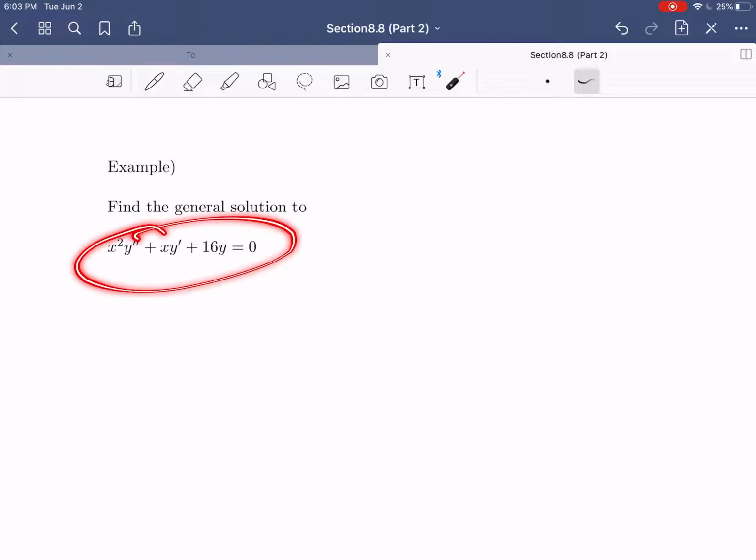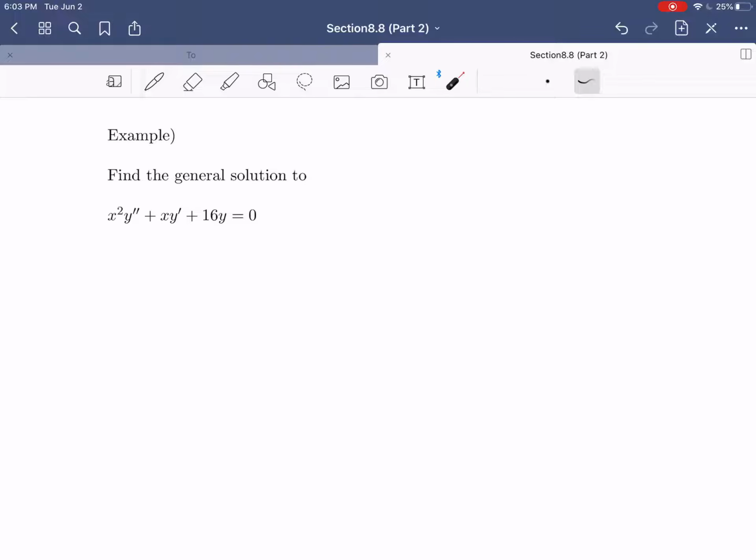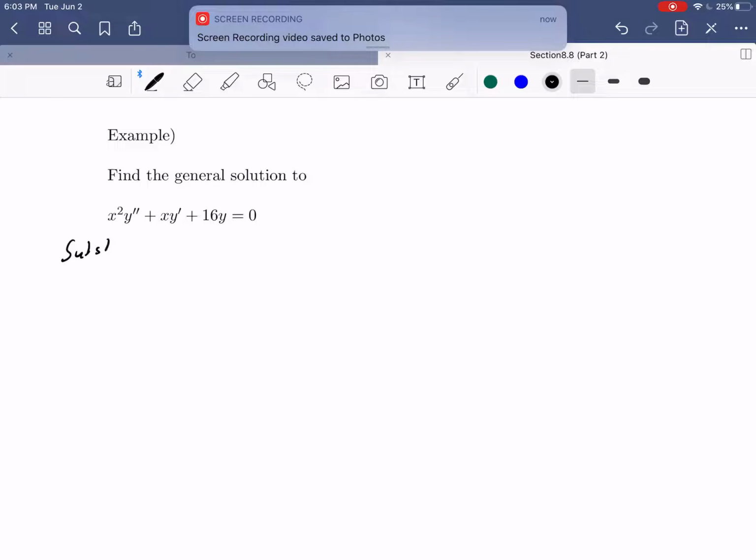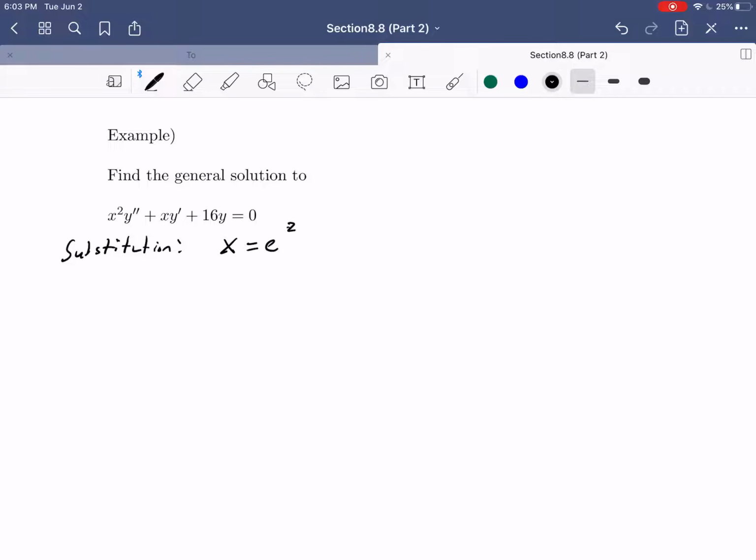So we've got another one here, back to second order, but let's go ahead and see if we can do this guy. So, same approach here. We're going to do our substitution. All right, substitution is going to be x equals e to the z, or again, if you prefer, z equals ln x. Again, this guy is only second order, so we only have to think about two parts of the substitution. xy prime, we know, is going to be equal to D, and x squared y double prime is going to be D minus 1.